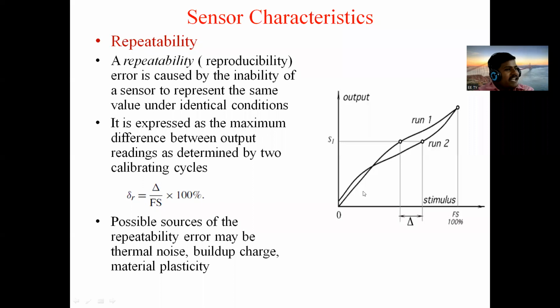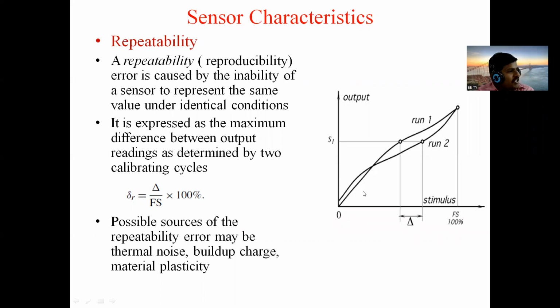If we are calibrating that equipment under somewhat different conditions, there is some difference. So this is one type of error. It is the difference between output readings as determined by two calibrating cycles.